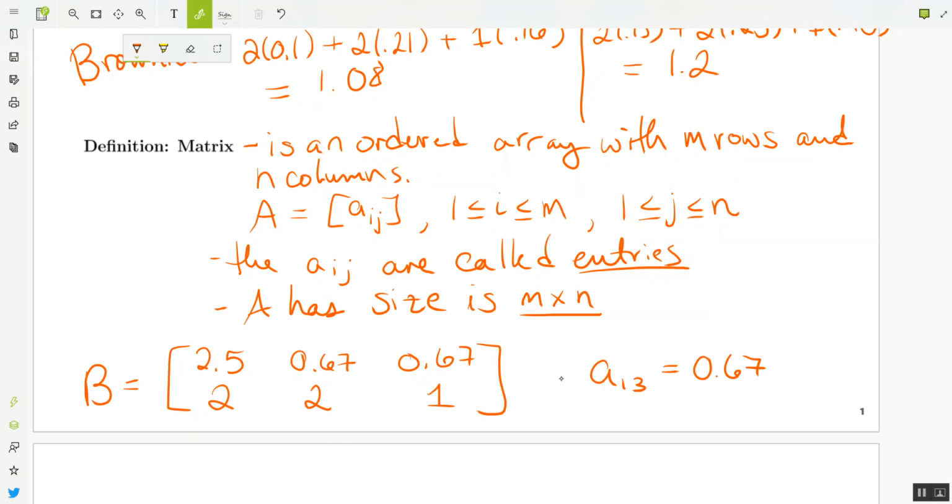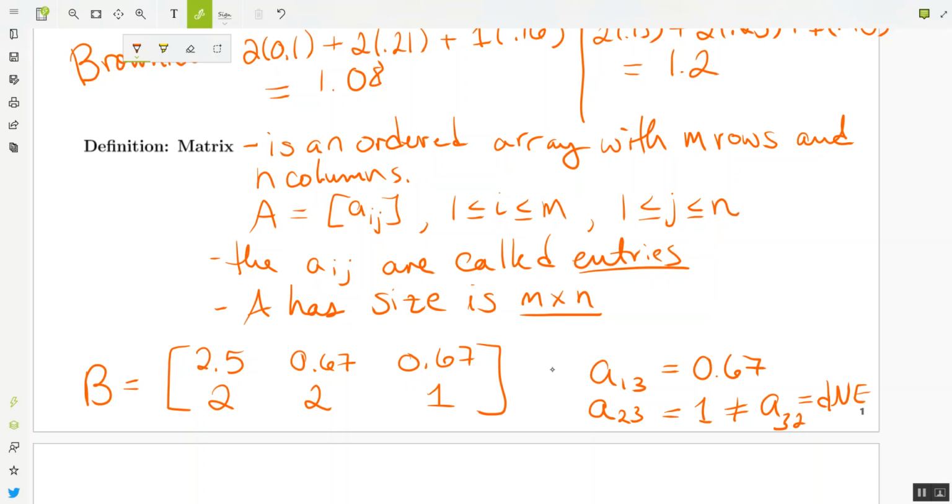Since there's 2 of those, let's go ahead and describe this last entry because there's only one in here, one in here. And so that would be in the second row, but in the third column. So that would be entry 2, 3, which hopefully you notice is not equal to entry 3, 2, because 3, 2 doesn't exist. There is no third row, second column.